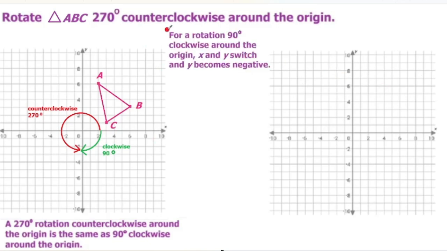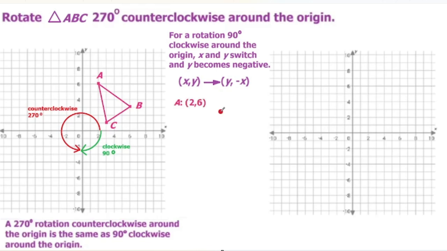So for a rotation 90 degrees clockwise around the origin, X and Y switch and Y becomes negative, okay? So that's the first trick. So if we have a point X and Y, these two will switch and the Y becomes negative, okay?